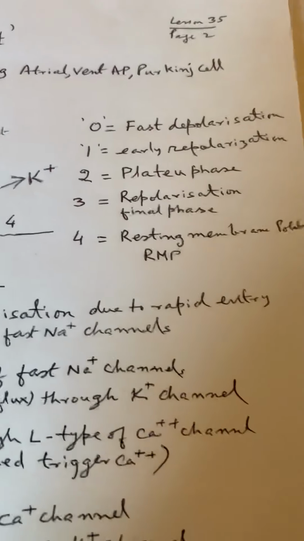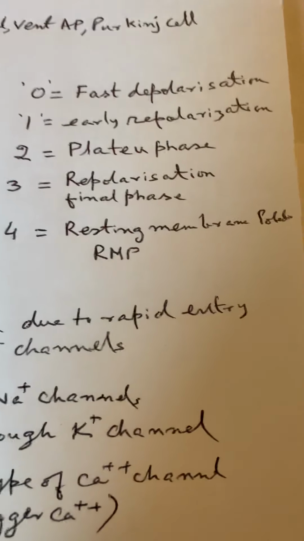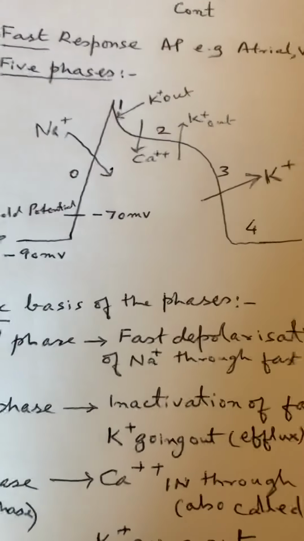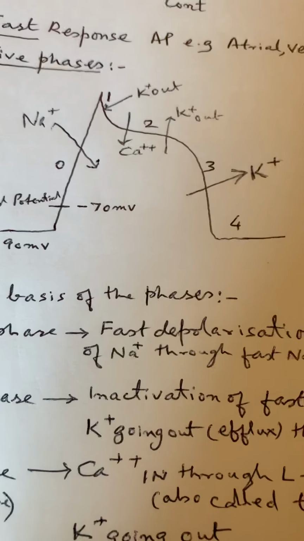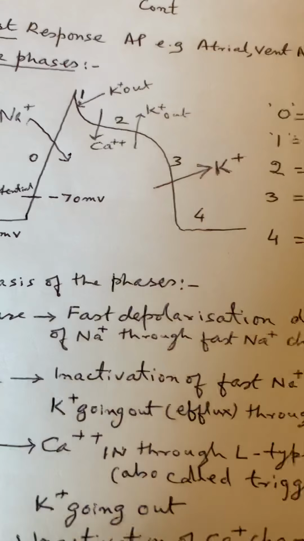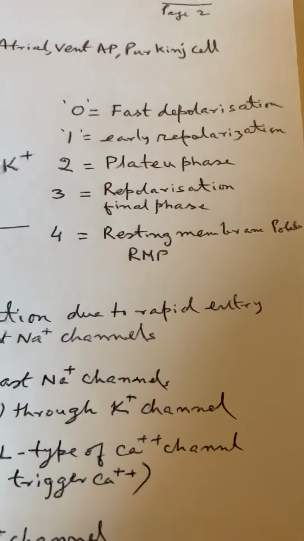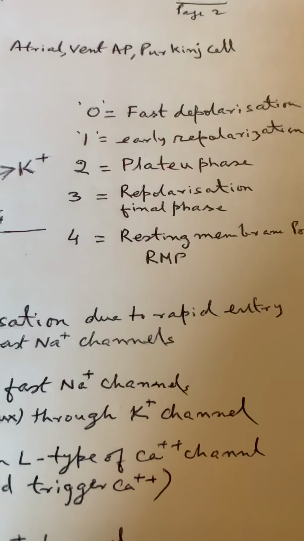Zero phase is known as the phase of depolarization. Phase 1 is known as the pointed phase between 0 and 2, and this is due to early repolarization.